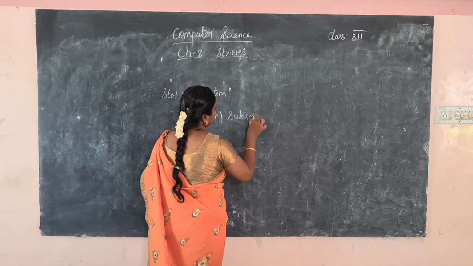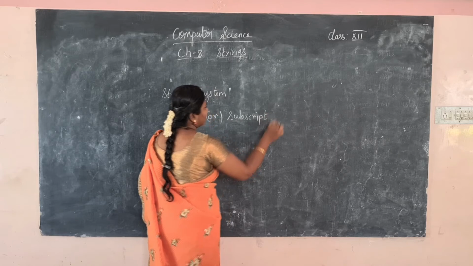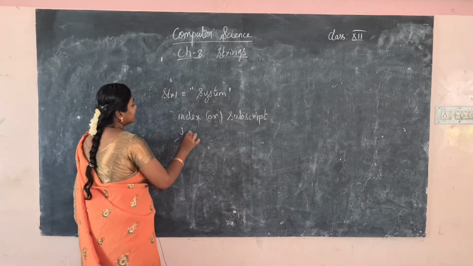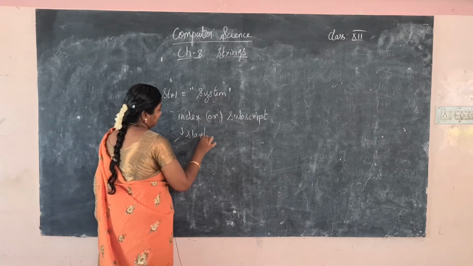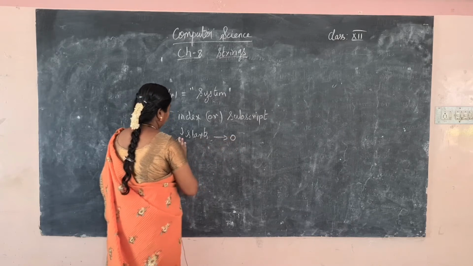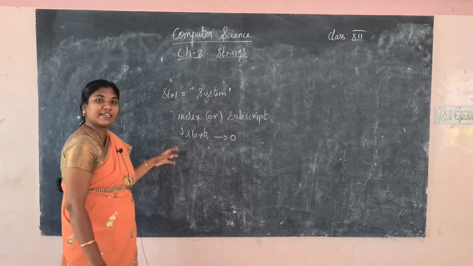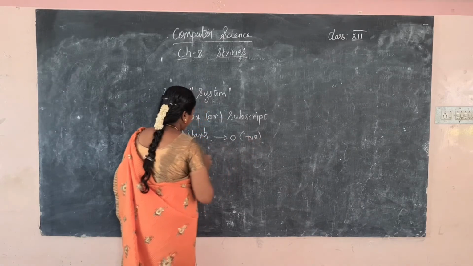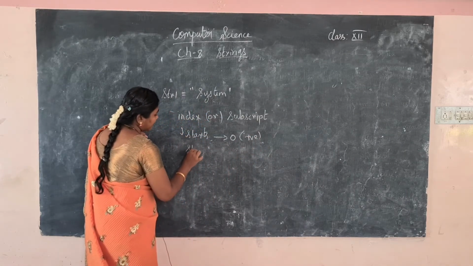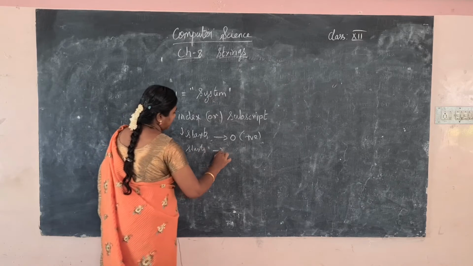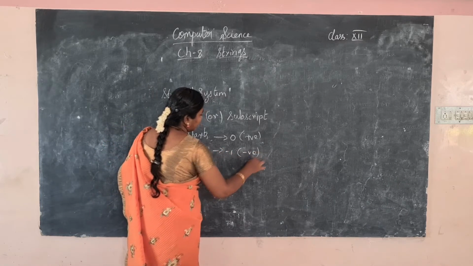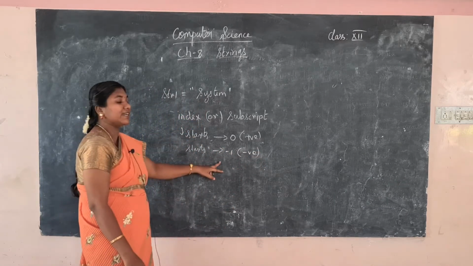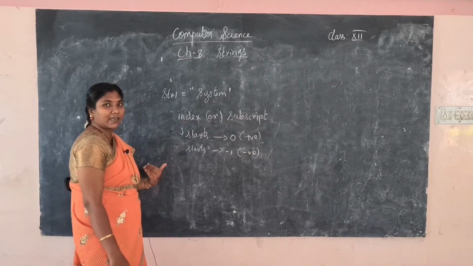The index usually starts with 0. The positive index starts with 0. It also has a negative index. A negative index starts with -1, and it starts from the last character of the string.